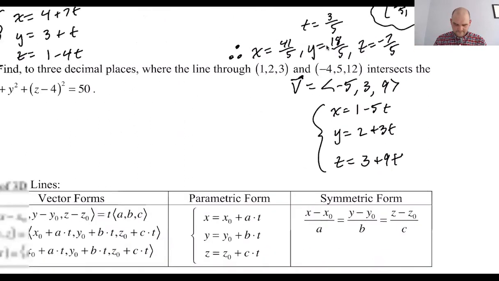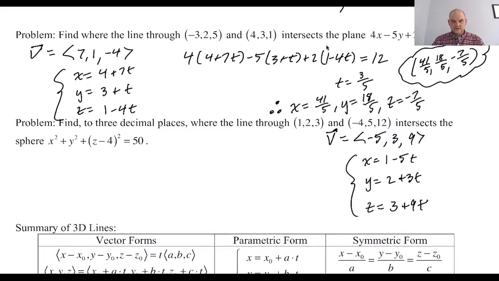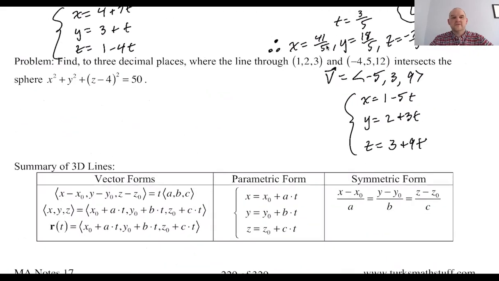And so now I'm going over to the calculator so that I can try to solve this system. I'm going to take these values and sub them in here, turn that into a function of t, and then it's going to be a quadratic.